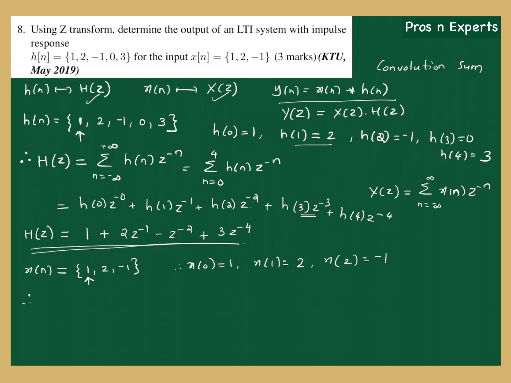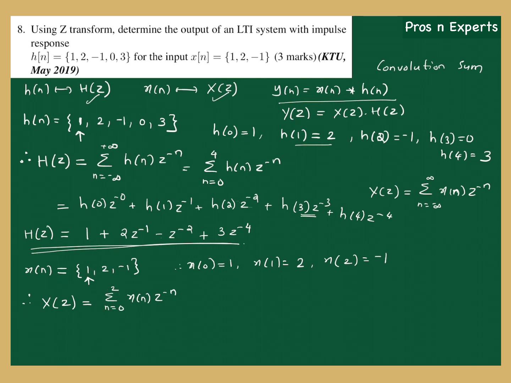Therefore, what is the z transform of x(n)? X(z) will be equal to sigma n equal to 0 to 2 x(n) z raised to minus n. Actually this summation is from minus infinity to plus infinity, but since x(n) is only available at n equal to 0, 1 and 2, we can sum it like this.